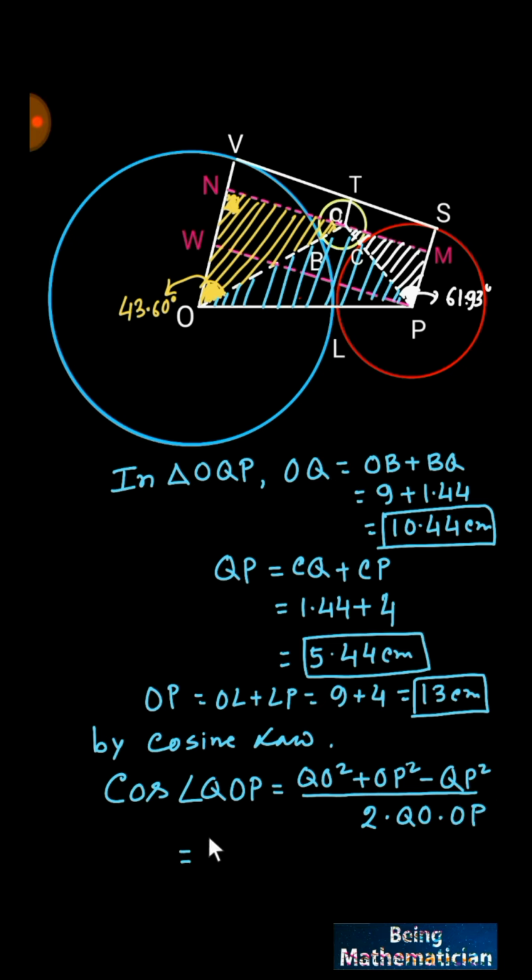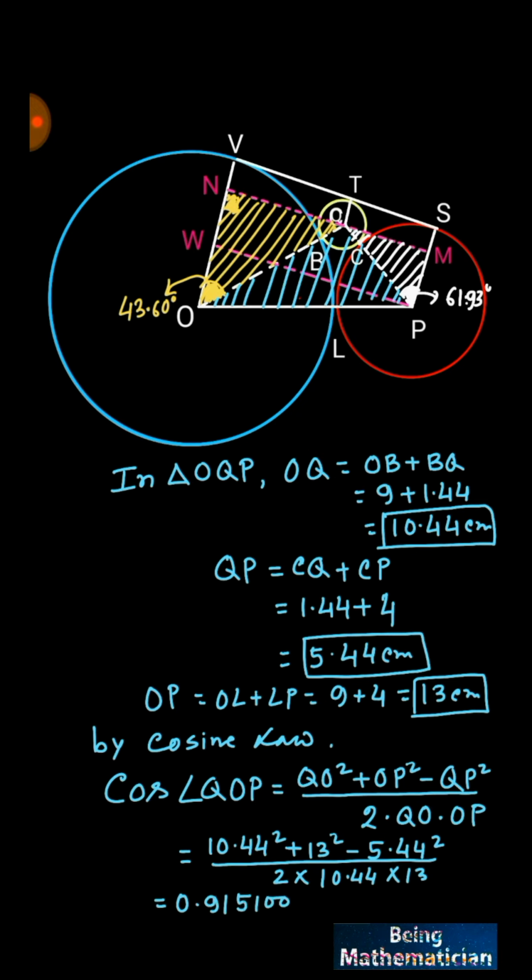Now putting these values, we get 10.44 square plus 13 square minus 5.44 square divided by 2 into 10.44 into 13, and it is approximately 0.915100. So, by the trigonometric table, we get angle QOP is 23.78 degree approximately.